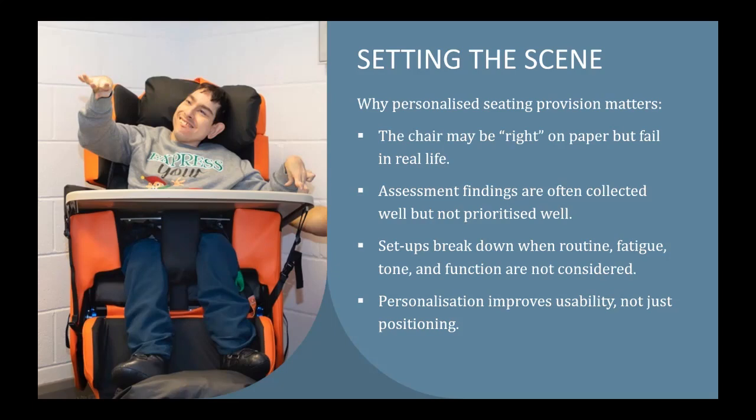We can technically have a clinically correct prescription that still breaks down by lunchtime because we haven't fully accounted for things like fluctuating tone or fatigue, how their function changes throughout the day, or even their care routines. That's why today's focus is not just on assessment findings, but on how we interpret and prioritise them.